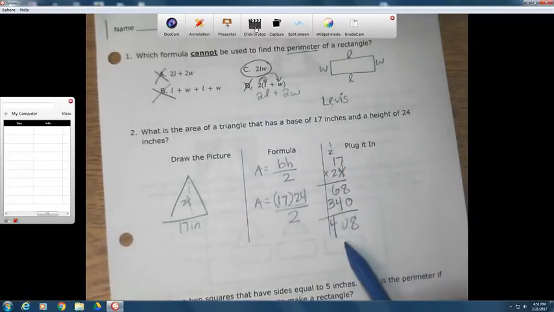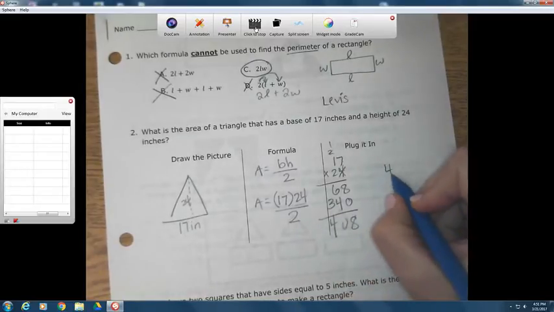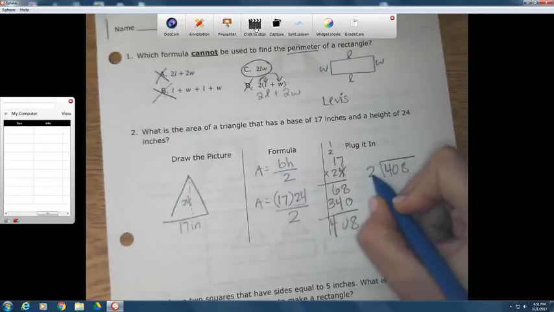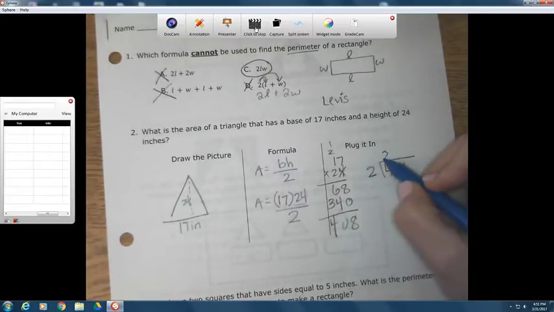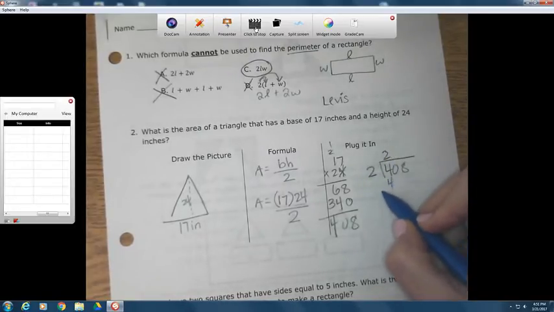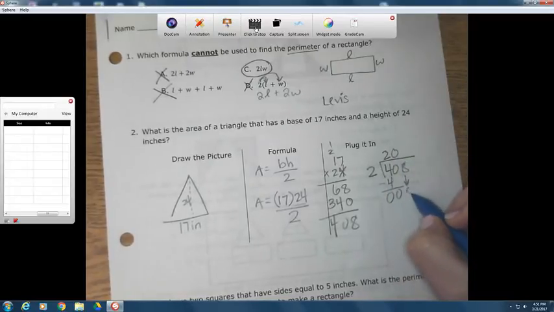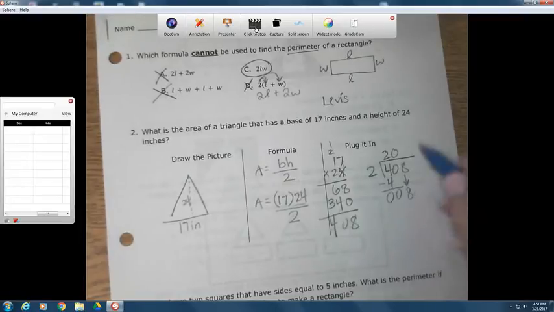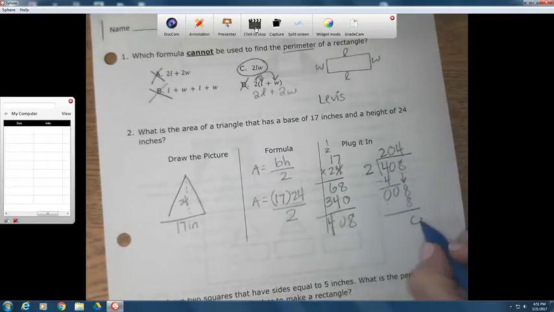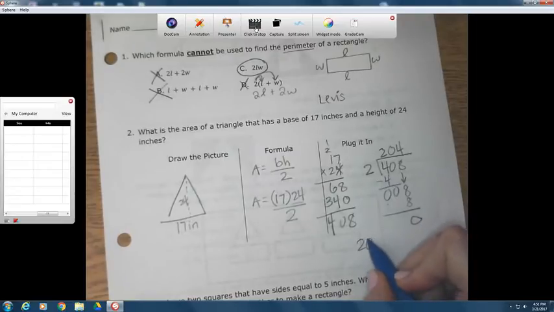Okay, 408. But we have to remember to divide by 2. So 408 divided by 2 is 2 times 2 is 4, 0 times. So now I have to bring down the 8, and 2 groups of 4 are in 8. So my answer is 204 inches squared.